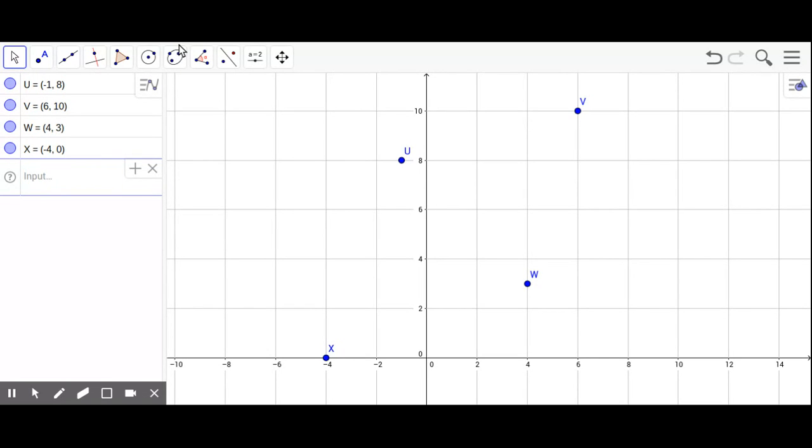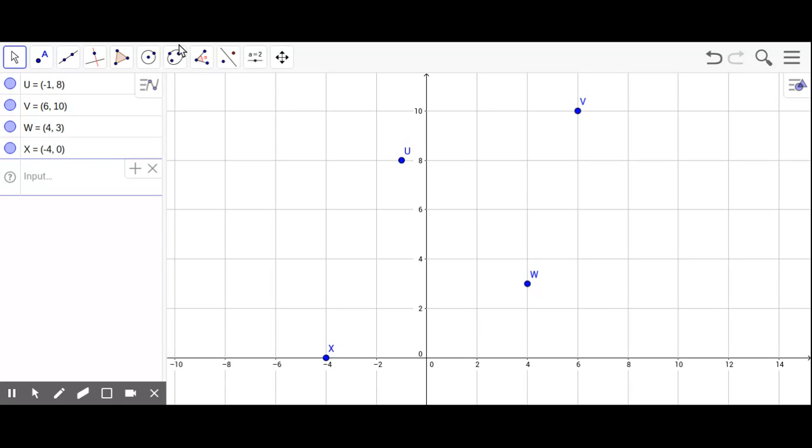Okay, I'm just going to crop that so you can see it a bit clearer. Okay, so now we've got an idea of what we're dealing with.